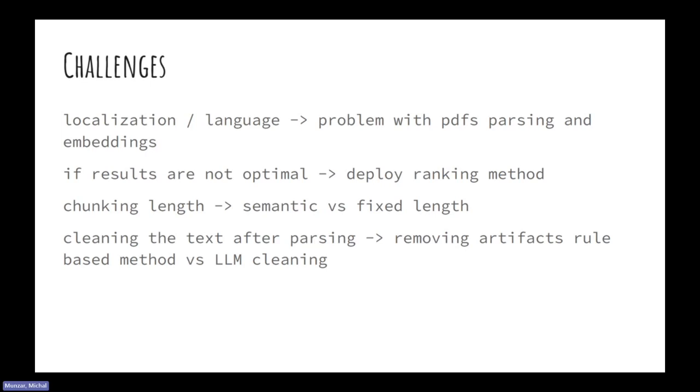But we need to think about all possibilities in this case, so all rules basically. The other option is to employ an LLM to process the text and return text without those artifacts. The problem is that, of course, an LLM can hallucinate, so there are some challenges.